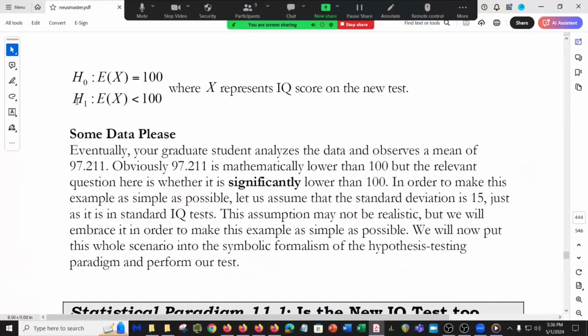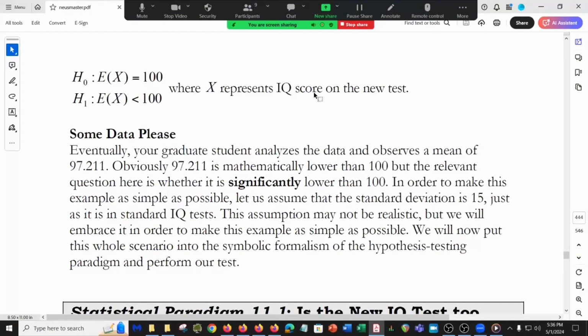And the alternative hypothesis states that the expected value or population mean, they mean the same thing, is too low, meaning it's less than 100. And here X simply represents the IQ score on your new test.